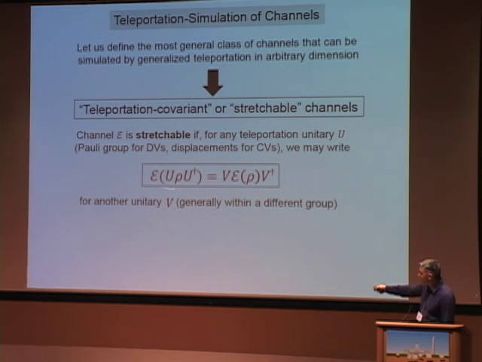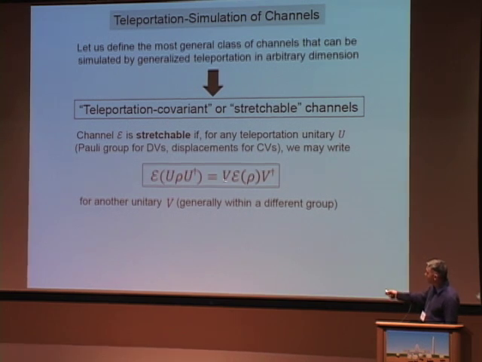You have this state. Now, a channel is stretchable, teleportation covariant, when you can push that unitary out of the channel. This doesn't need to be the input unitary, and even shouldn't be, in general. It can also be in a different group. So you have, I don't know, here the Pauli group, and this could be some different group, some different unitary representation of the group.